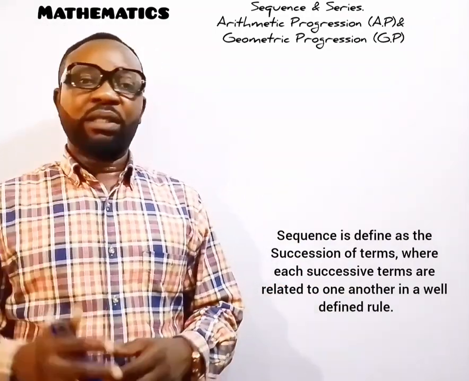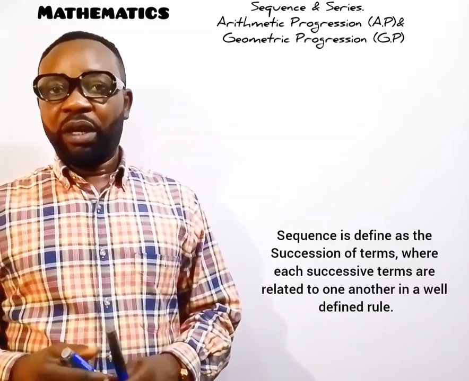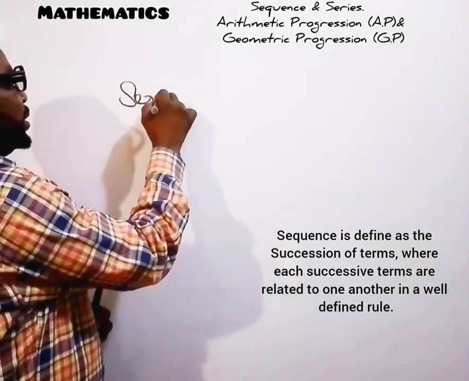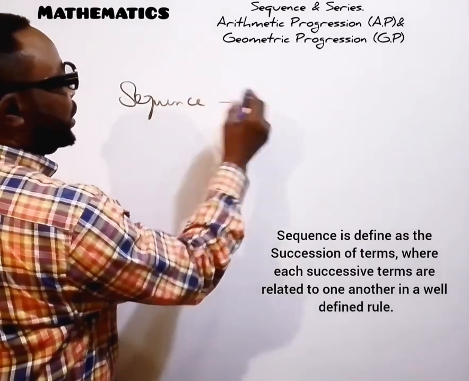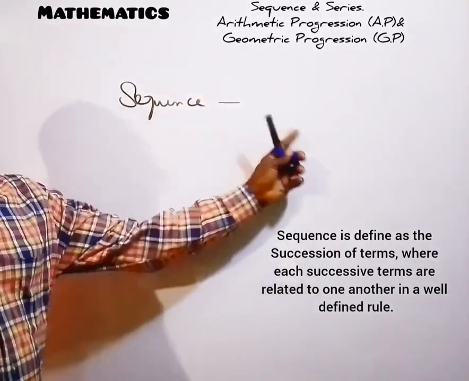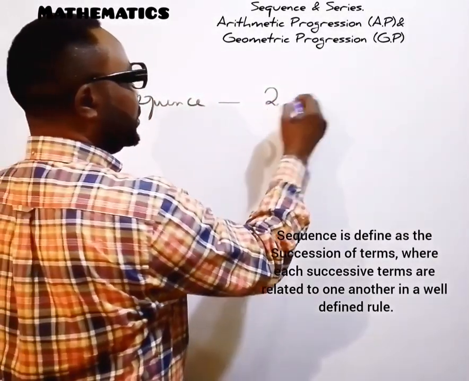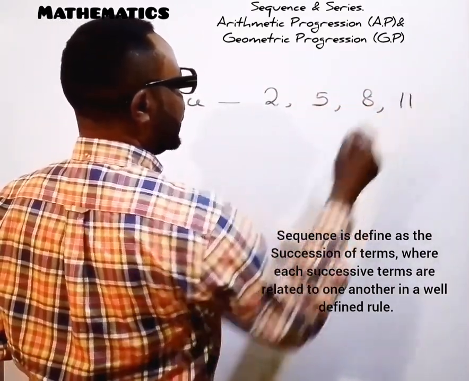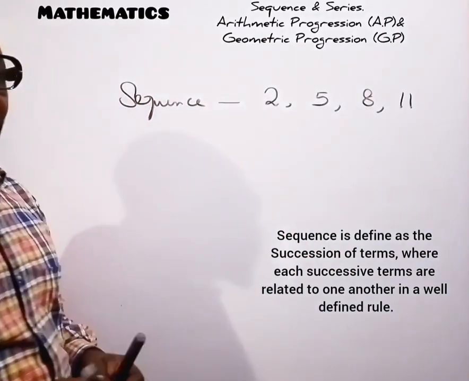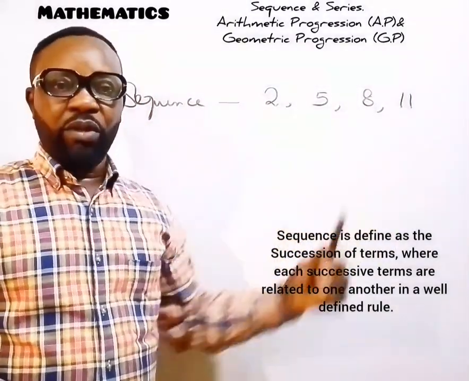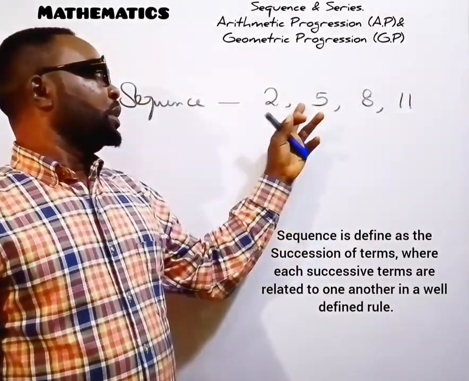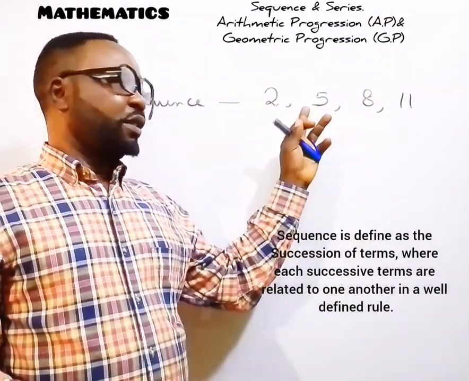Now, let's look at a very good example of a sequence. If I have an arrangement of terms in this order: 2, 5, 8, 11. This is a very good example of a sequence. If you look at this very well, you discover that the difference between 2 and 5 is 3.